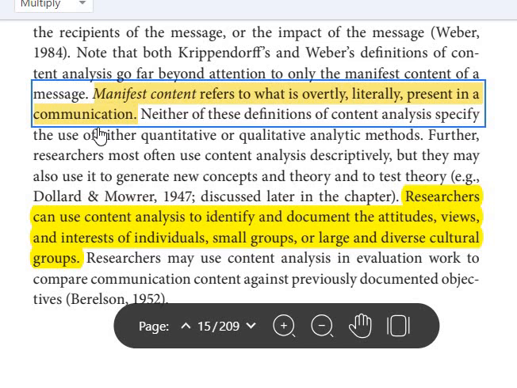Okay, and here it says further, researchers most often use content analysis descriptively, but they may also use it to generate new concepts and theory and to test theory. We should understand that testing theories is used for the interpretive content analysis, the second one, okay? You're always testing.